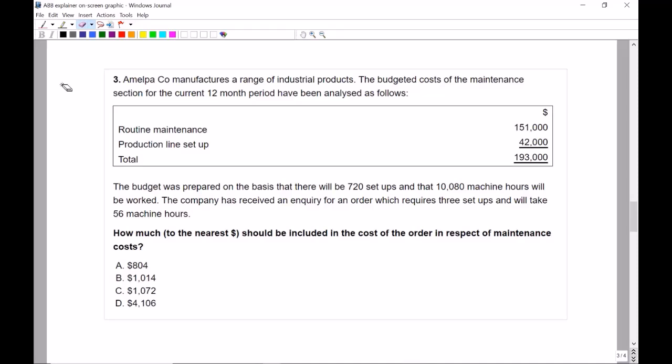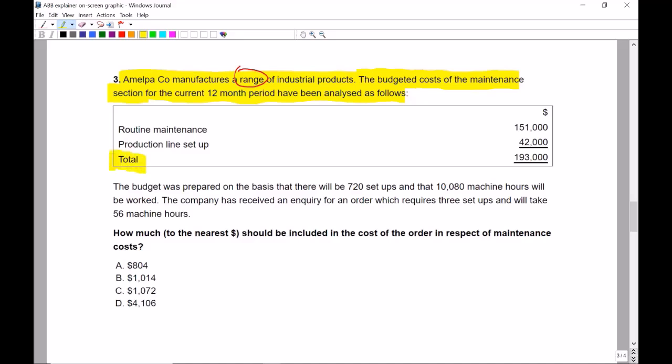Here we have an ABB question that's similar to one you might face in your upcoming PM exam. We have the Amalfa company, and they manufacture a range of industrial products. So right away we see that ABB might be appropriate for this company. The budgeted costs of the maintenance department for the current 12-month period have been analyzed as follows.